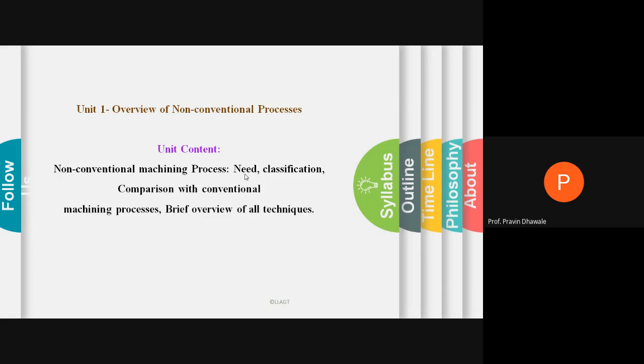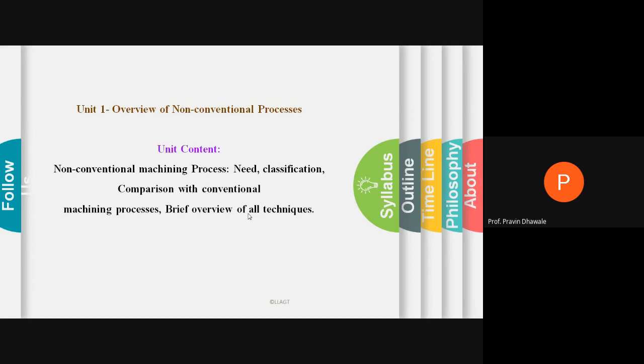And lastly, we have to give a brief overview of all these non-conventional machining techniques, where we just study the working principle and the block diagram of all kinds of non-conventional machining processes.